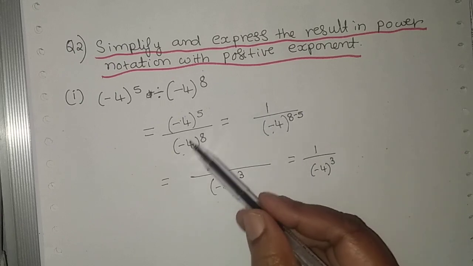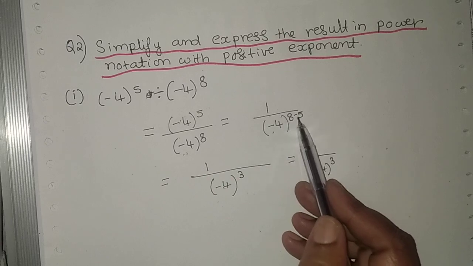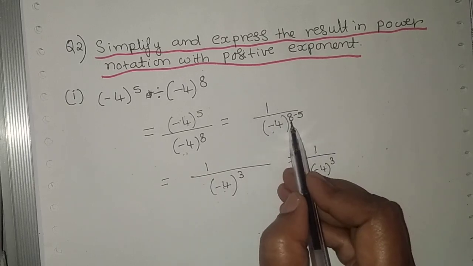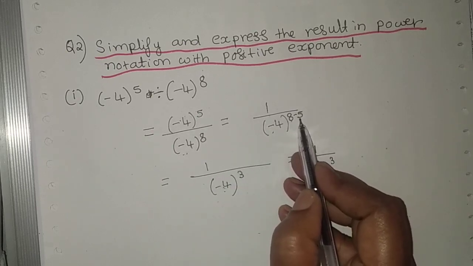So 1 by, then -4 is common, then take the powers, 8 minus 5. So 1 by minus, this one power is plus here, it will become minus when it comes to the denominator.